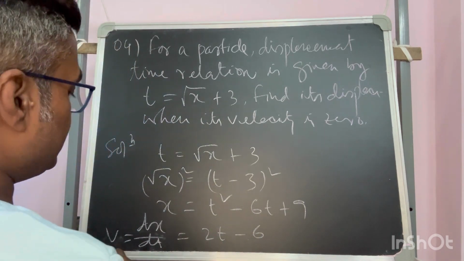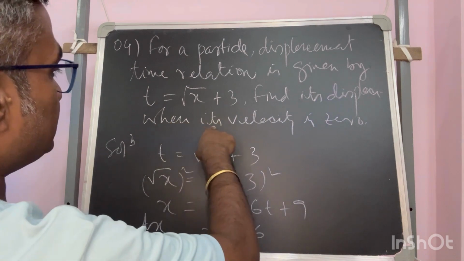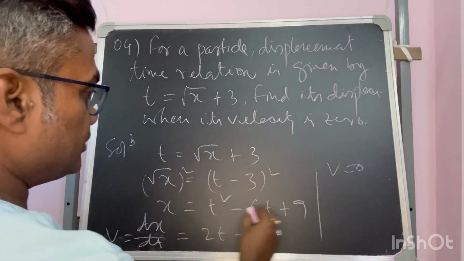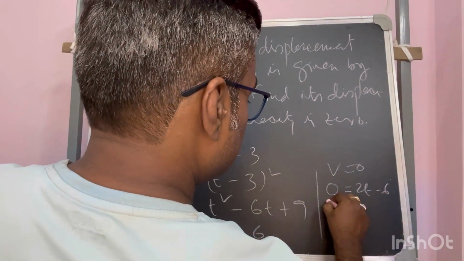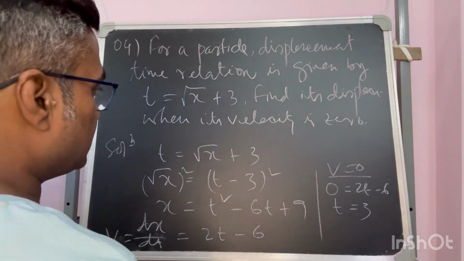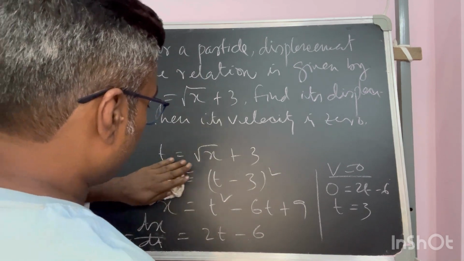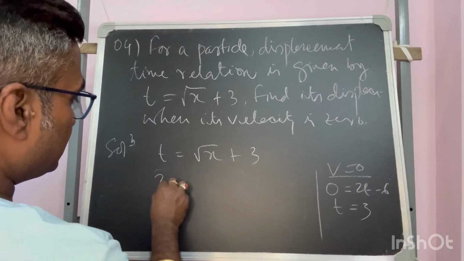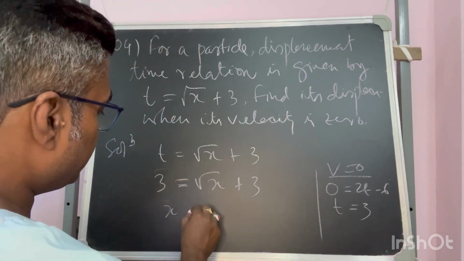So now v is equal to 2t minus 6. Now find its displacement when velocity is 0. The condition is v is equal to 0. If I put v is equal to 0, 2t minus 6 is equal to 0. So t is equal to 3. That means velocity will be 0 at t is equal to 3. If I put t is equal to 3 in the equation here, x is equal to 0.